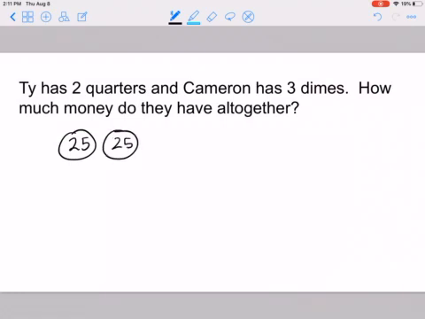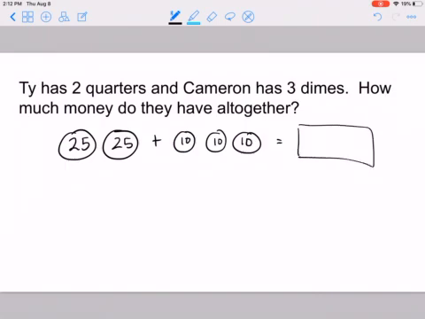Cameron has 3 dimes. A dime is worth 10 cents. We want to know how much they have all together, so we're going to be adding. That's our part-whole: Ty has 1 part, Cameron has another part, and we're going to figure out the whole amount.